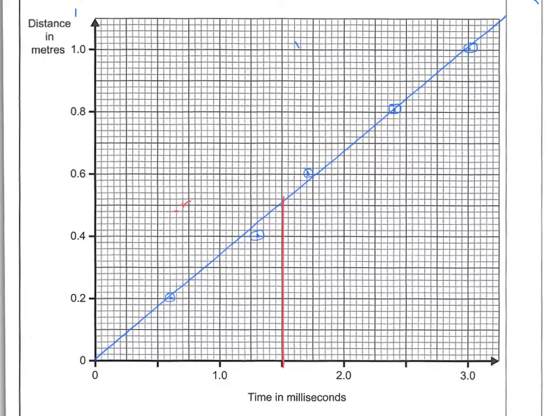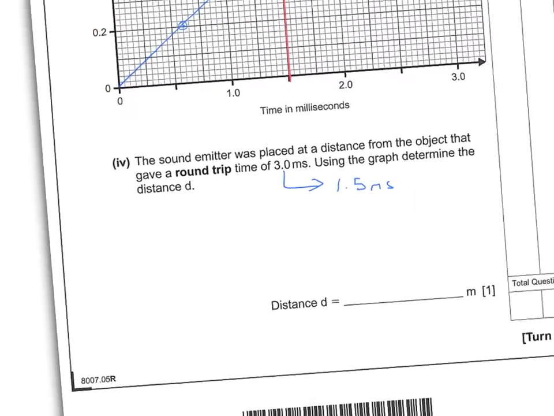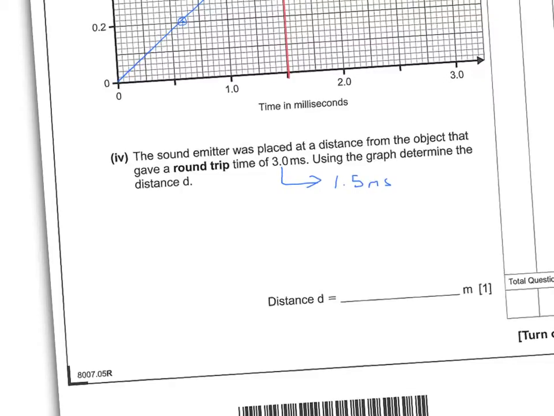So we zip a line up at 1.5 milliseconds and take that across to the other axis, and we find that's coming in there at about 0.5 of a meter. So we just transfer that down. And that's it.